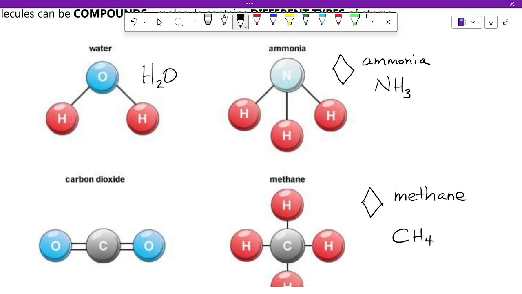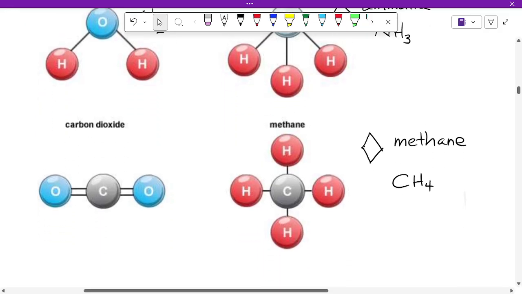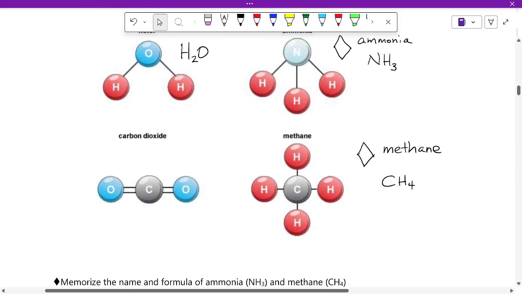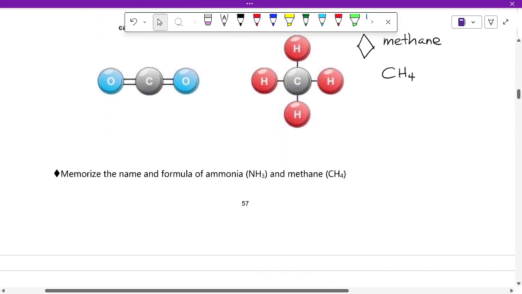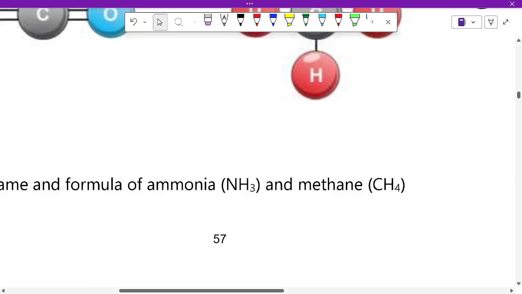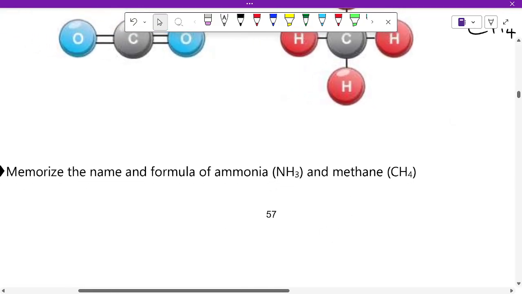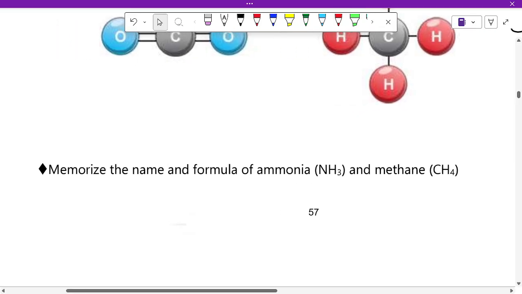You don't have to know their names or formulas. That would be an enriched question. It would probably be on the test. I don't know if I'll put it on the quiz. We'll see. I have to make up the quiz because I haven't had one on that before. So we're good? Okay. Memorize the name and formula. It will probably be on the quiz. Memorize the name and formula for ammonia and methane if you want to.